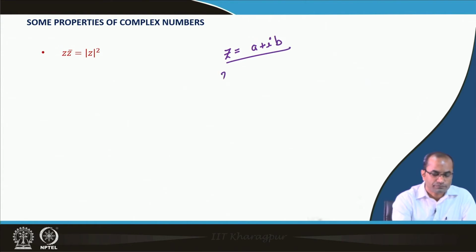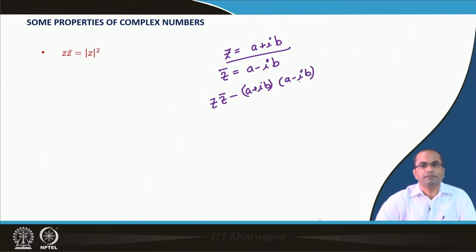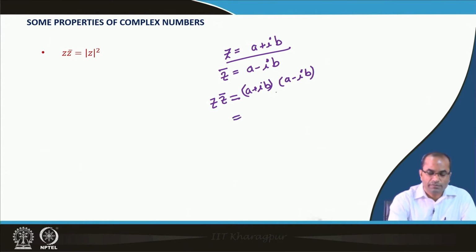Then z bar is a minus ib, and the product is a plus ib times a minus ib, that means a square minus ib whole square.